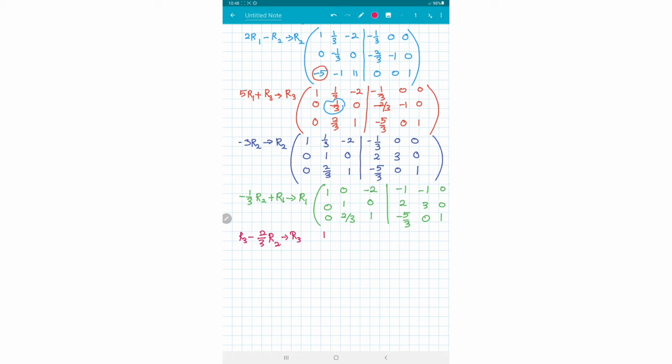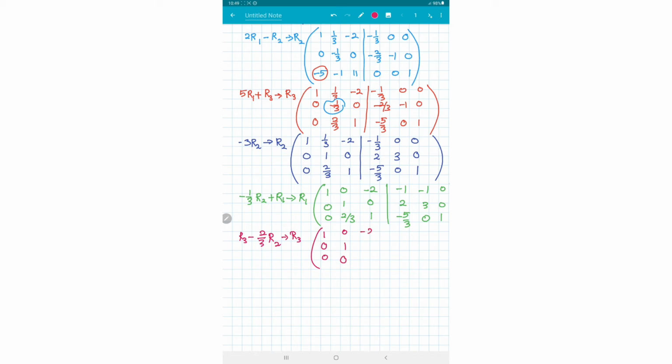Why? We have 1, 0, 0, so 0, 1. For the second row, all must be multiplied by negative 2 over 3. So 1 multiplied by negative 2 over 3 gives negative 2 over 3. So for the third row, 2 over 3 minus 2 over 3 will of course become 0.